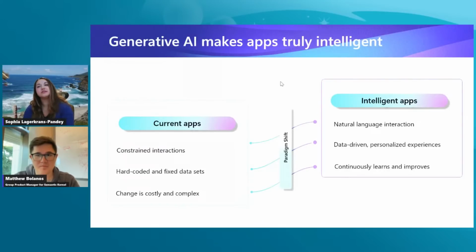A lot of the times in these applications, we've seen that the data is hard-coded and it has fixed data sets. But what we've really been starting to see within the AI space is this paradigm shift, where customers are starting to think about intelligent apps, which we'll dive into with Semantic Kernel a bit more today. But they're starting to think of what's possible, right? How can they start to have those natural language interactions?